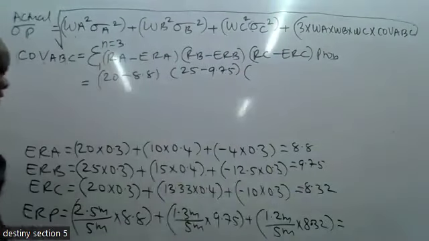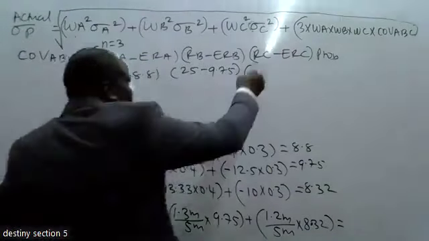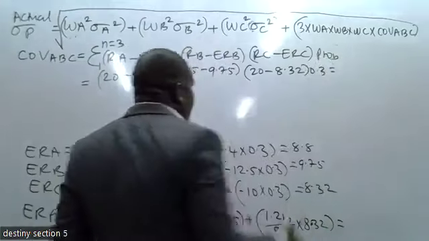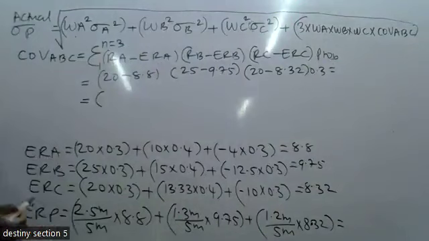Then the first return for C is 20, also minus the expected return, which is 8.32. Then the first probability was 0.3. So you compute that.